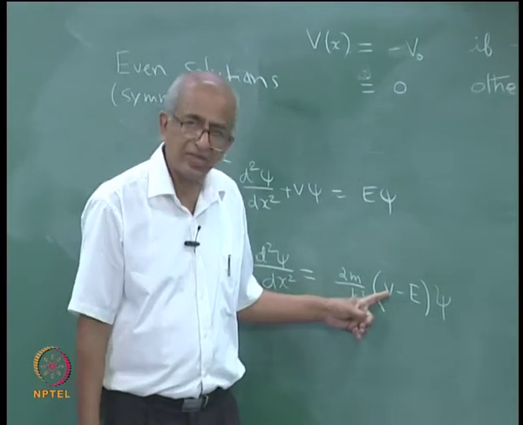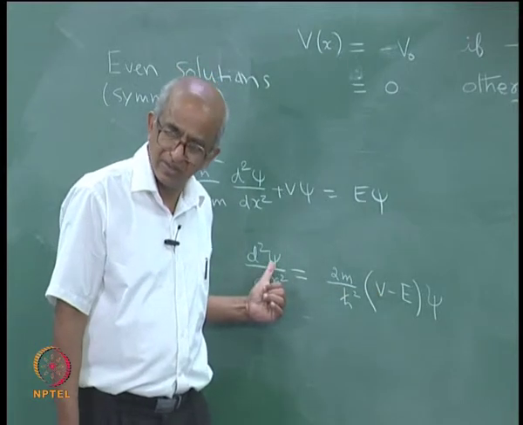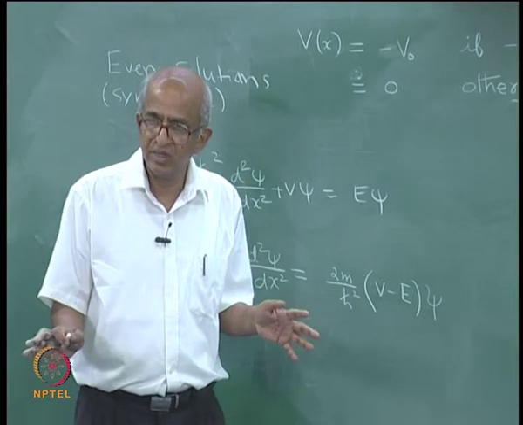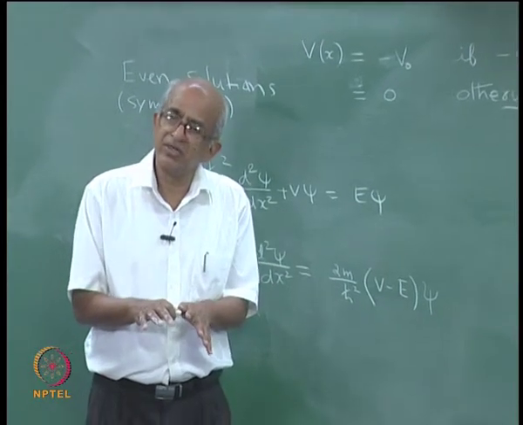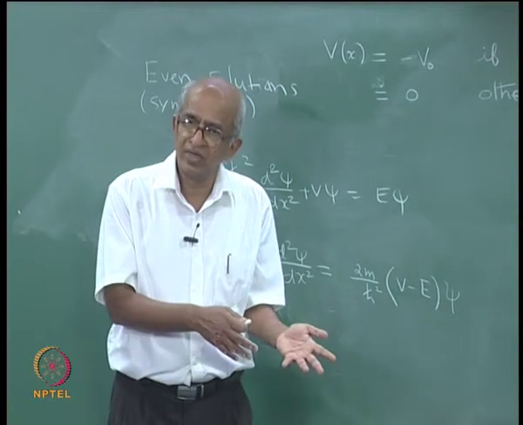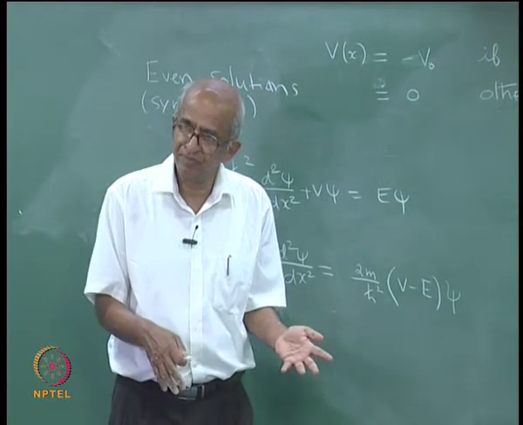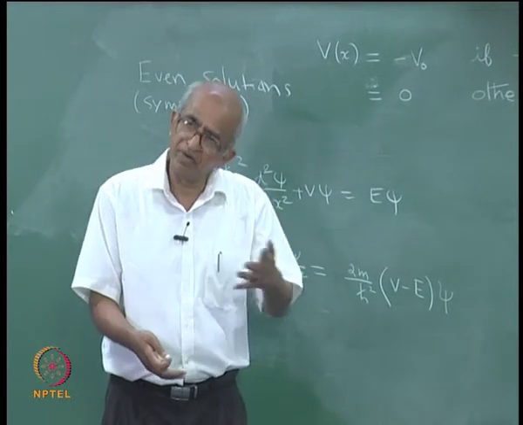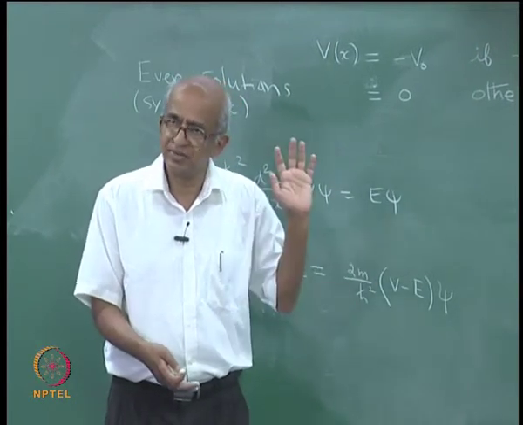But if the second derivative is discontinuous, all that it means is that the first derivative will be continuous. And if the first derivative is continuous, what will happen? The wave function will also be continuous.